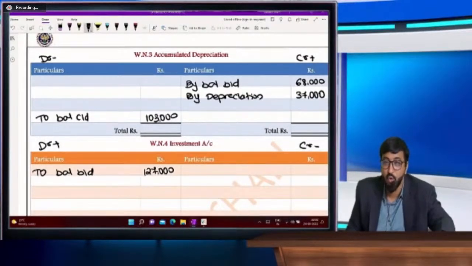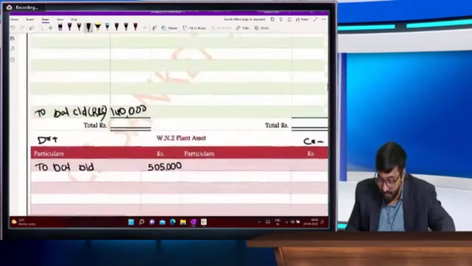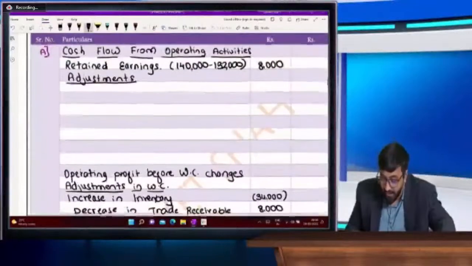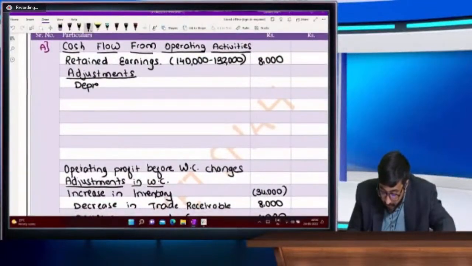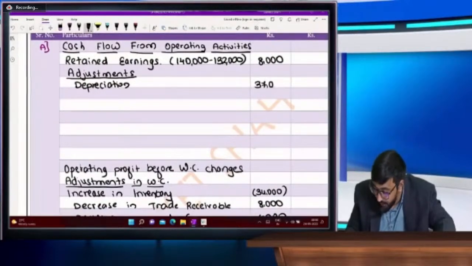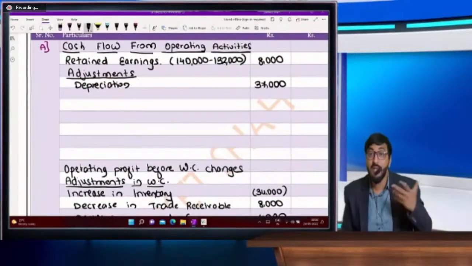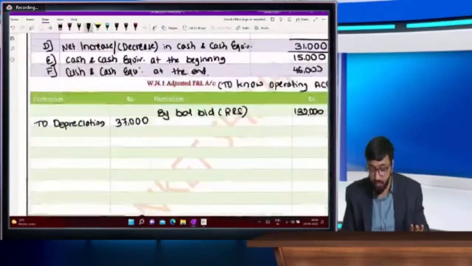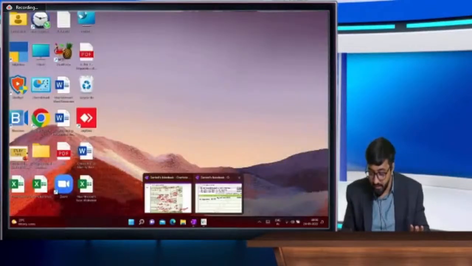But if I do add-less technique, now this has to be added. Depreciation, this 37,000, we are adding it.